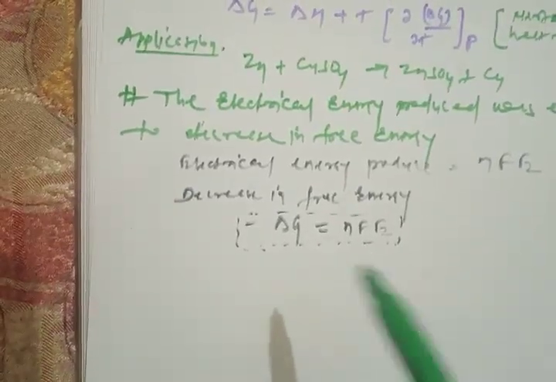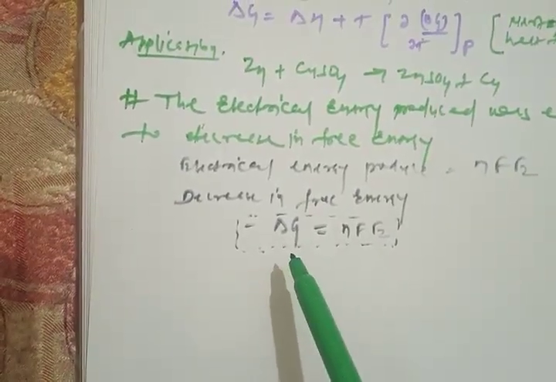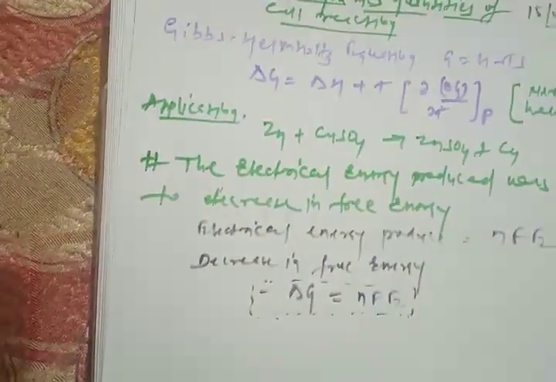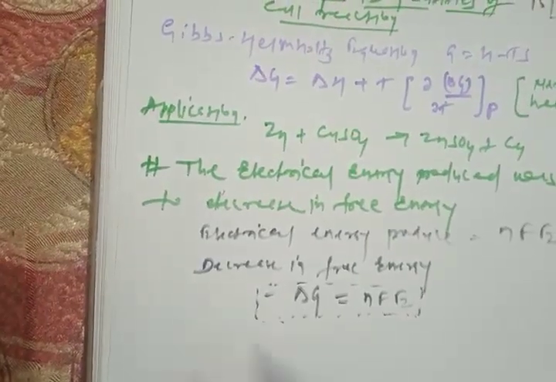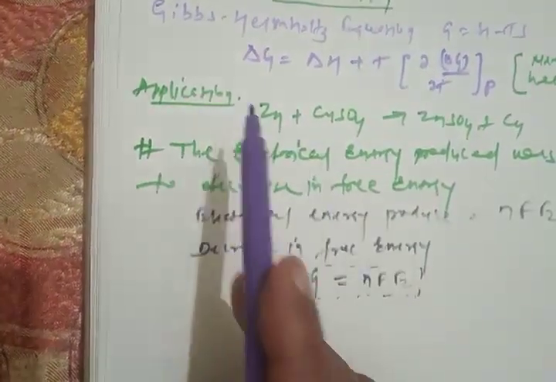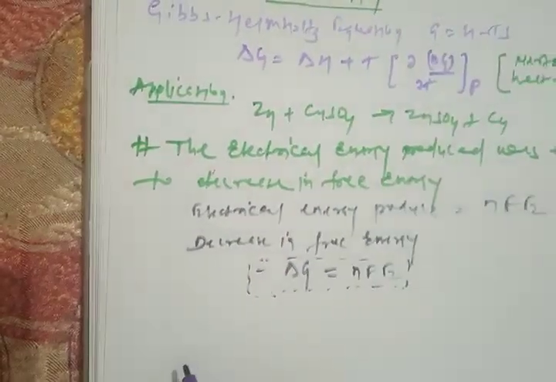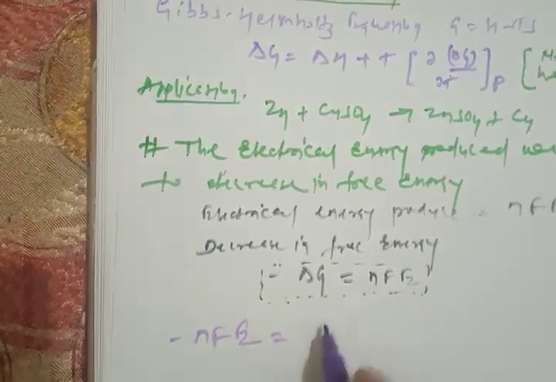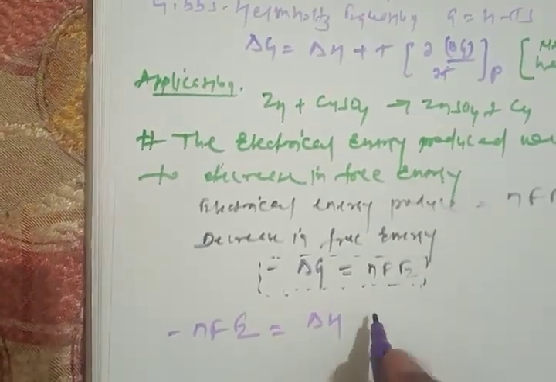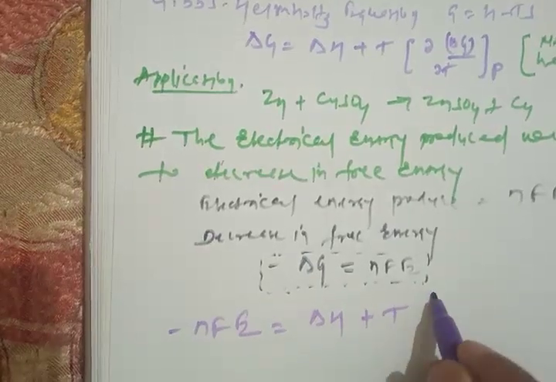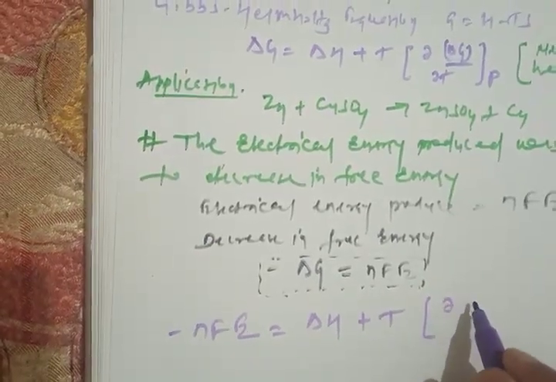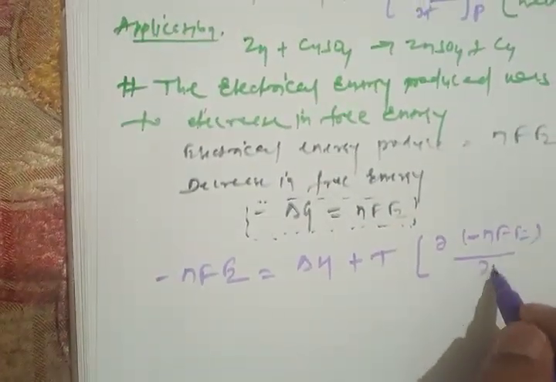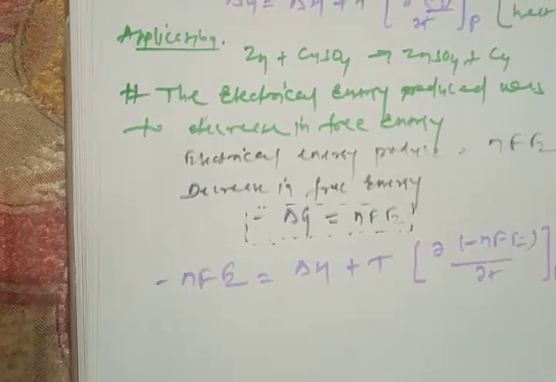Now by putting the value of this into this equation, what will happen here? If we put the del G value in this equation, the equation will look like this: minus nFE equals del H plus T, minus nF del E upon del T at constant pressure.